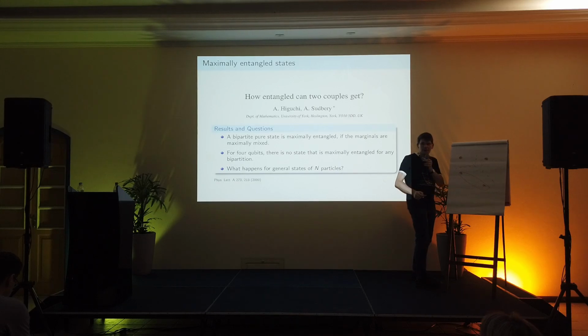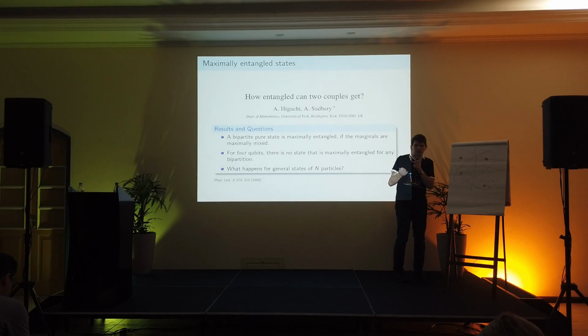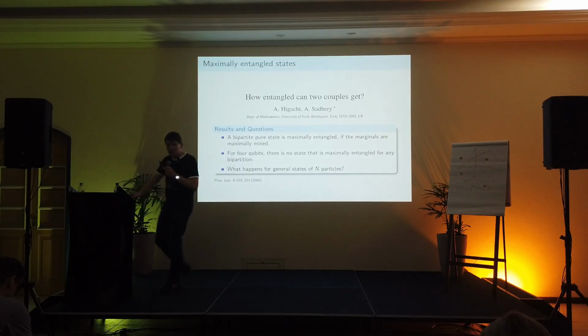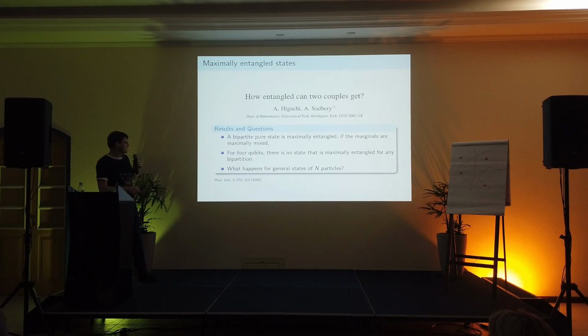So these are my 4 particles. Now can I find a state that is maximally entangled for this split, and for this split, and for this split versus the other things? So I can have a 4-partite state, I can look at AB versus CD, I can look at AD versus BC, and finally the third bipartition. I can ask, can I make it maximally entangled for all these things? And interestingly, this paper already quite early proved that for 4 qubits this is not possible. You cannot do it. You can write down the condition, and it doesn't work.